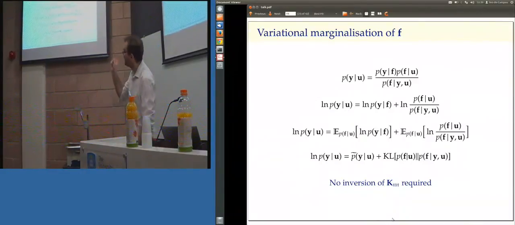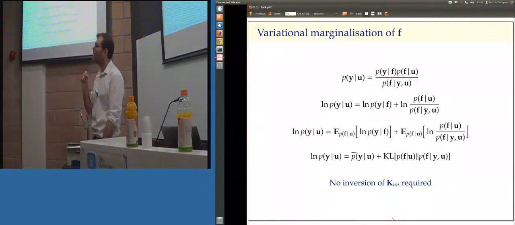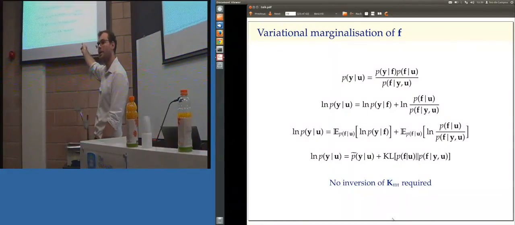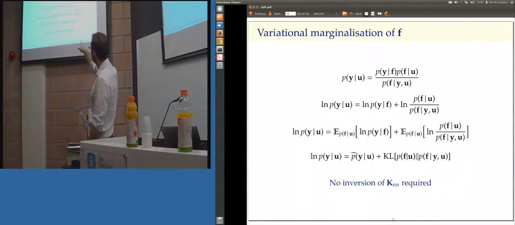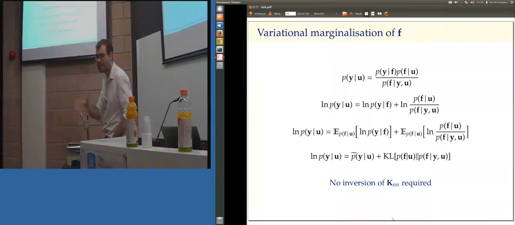And I'm going to argue that p tilde of y given u is a good proxy for p of y given u when u is good at explaining f. And that's exactly what this Kullback-Leibler divergence is telling me. It says that when the distribution for f given u and the distribution for f given y and u are the same, as in u contains all of the information that I wanted to capture from y, then this is a good approximation.